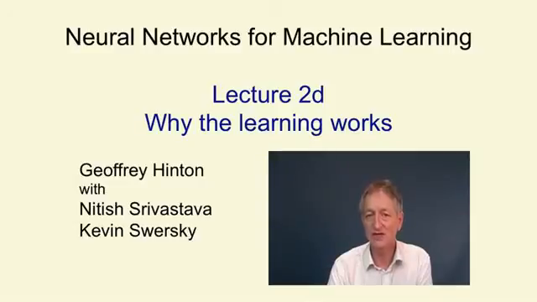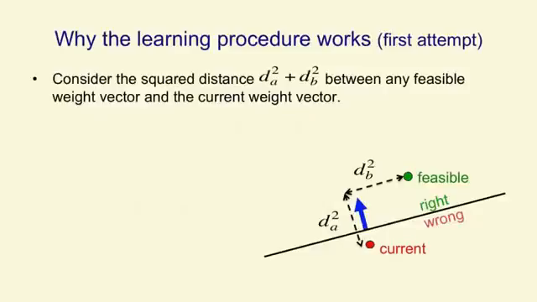But we get to understand quite a lot more about perceptrons when we try and prove that they will eventually get the right answer. So we're going to use our geometric understanding of what's happening in weight space as a perceptron learns to get a proof that the perceptron will eventually find a weight vector that gets the right answer for all of the training cases if any such vector exists.